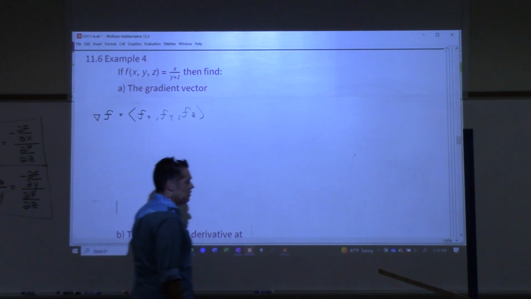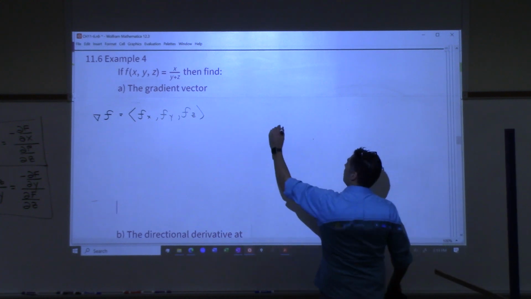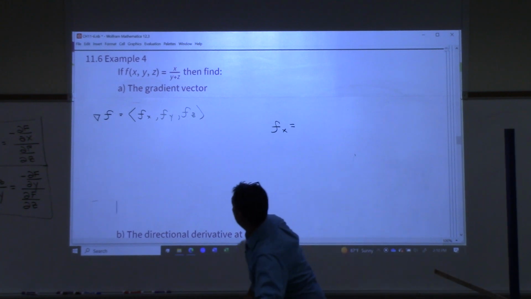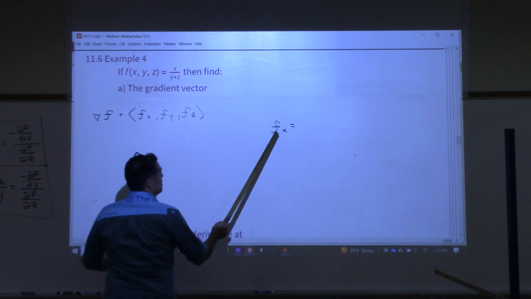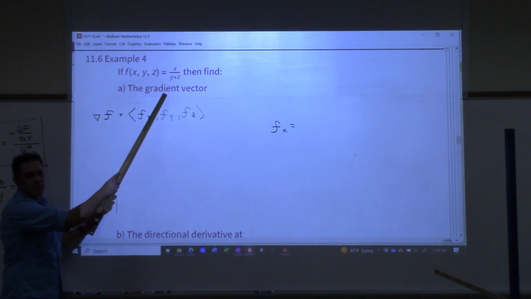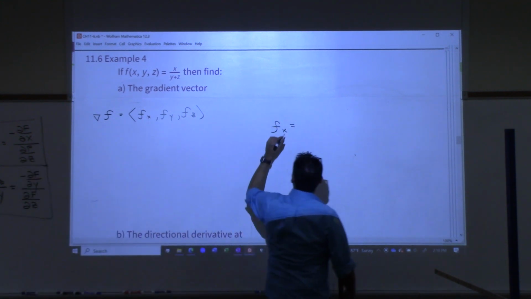I'm going to do my partials over here. Partial with respect to x. All right, when I look at this, if I'm doing the partial with respect to x, what am I holding constant here? Y and z. So if I'm holding y and z constant up there, then I think this is the way I'm going to look at it.